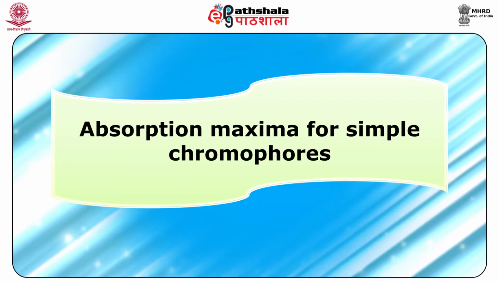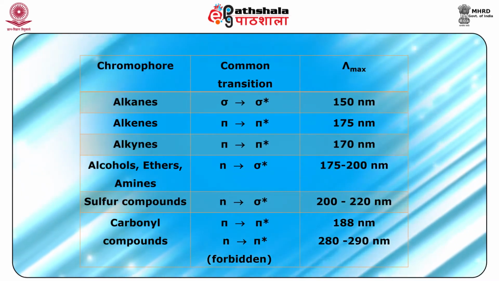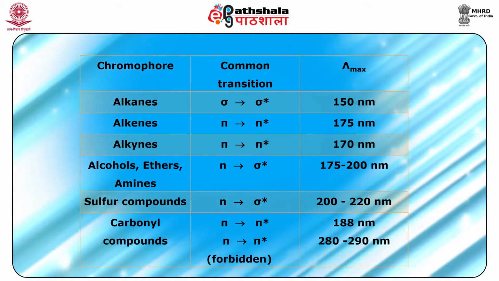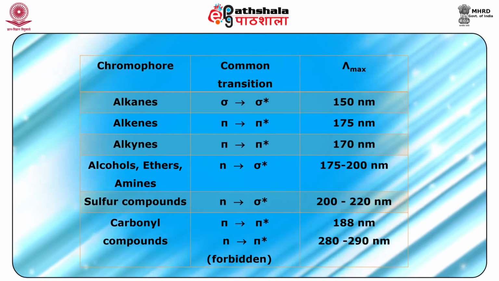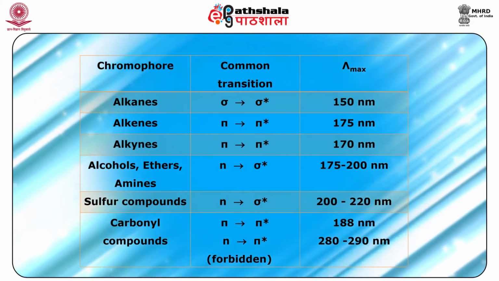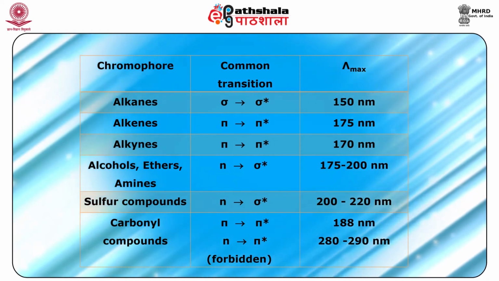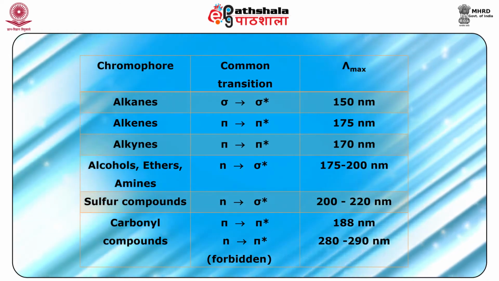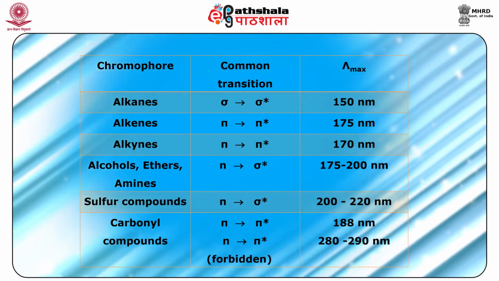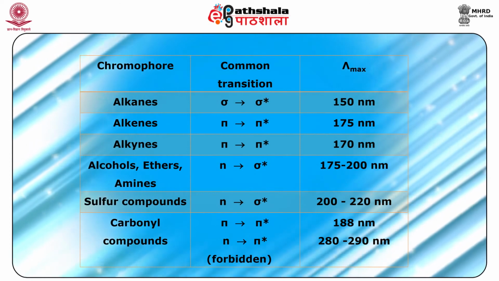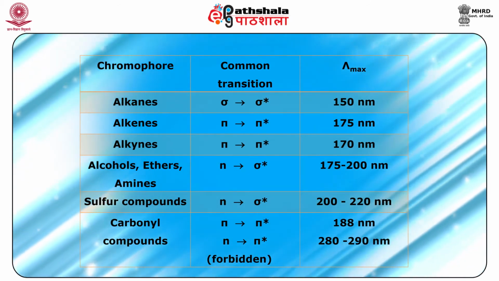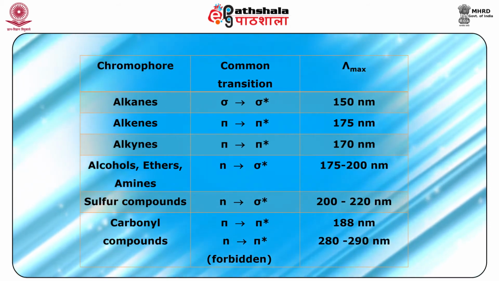Absorption maximum for simple chromophores: alkanes, sigma to sigma star transition, 150 nanometer; alkenes, pi to pi star transition, 175 nanometer; alkynes, pi to pi star transition, 170 nanometer; alcohols, ethers, amines, n to sigma star transition, 175 to 200 nanometer; sulfur compounds, n to sigma star transitions, 200 to 220 nanometer; carbonyl compounds, pi to pi star transition at 188 nanometer and n to pi star transition, which is a symmetry forbidden transition, occurring at 280 to 290 nanometer.